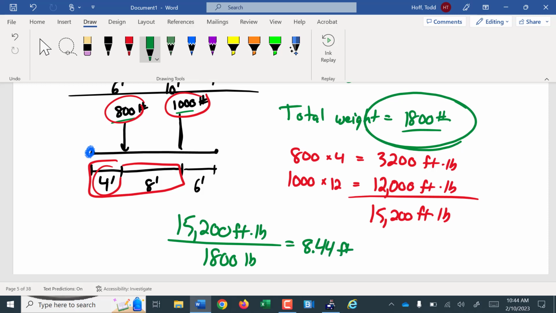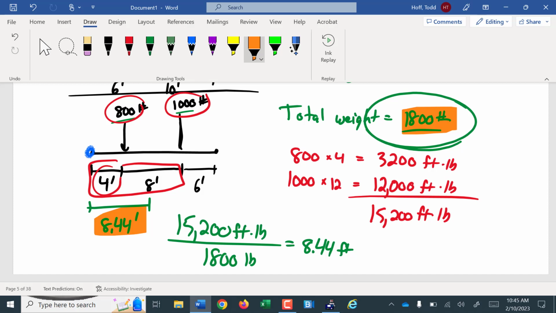So the location of that center of mass is right here at 8.44 feet from the left end. So the center of mass would be the 1,800 pounds at 8.44 feet from the left end. That last 6 feet doesn't even matter in this equation, right? Nope. It's just because the total length then would be 18 feet.